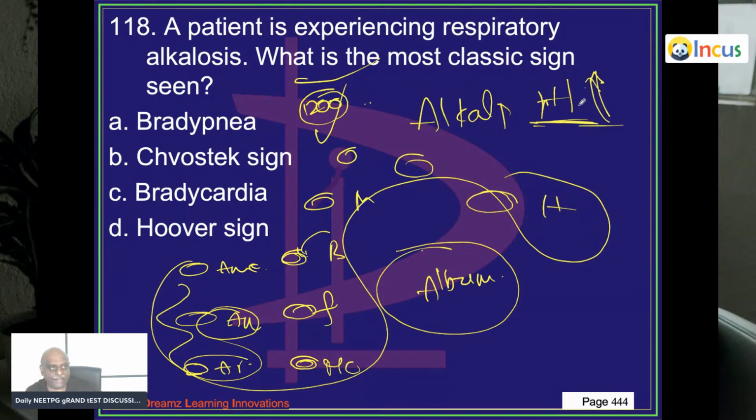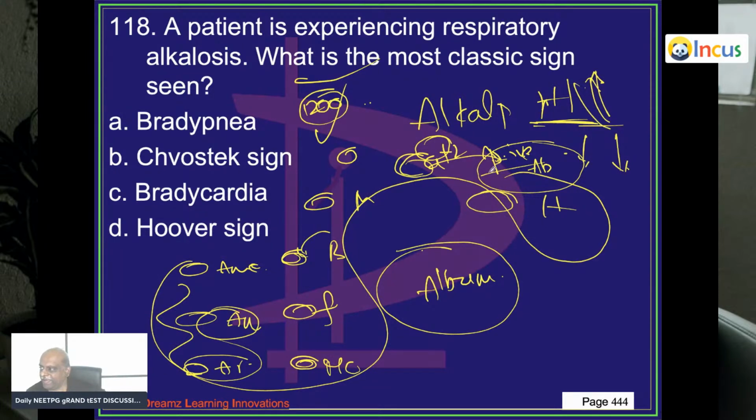If pH is high, what will happen to the negative charges on albumin? They increase, and your calcium will become more bound to these negative charges. Anytime pH is low, negative charges decrease.